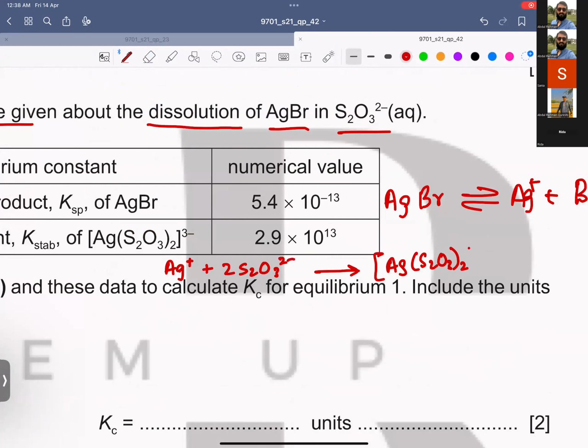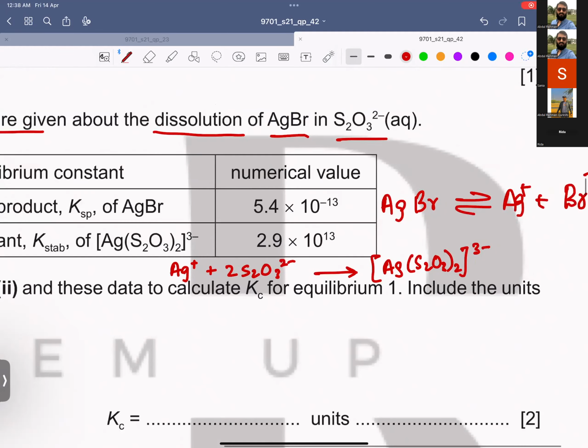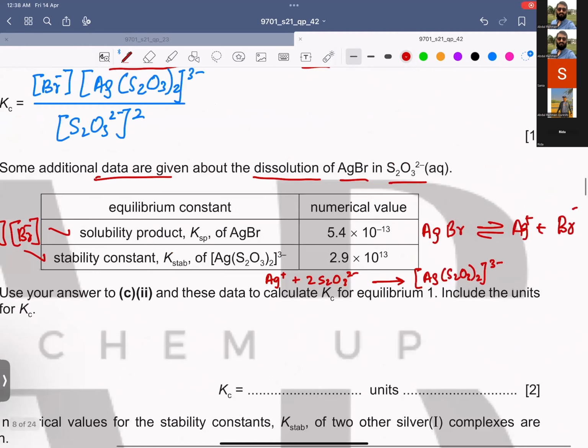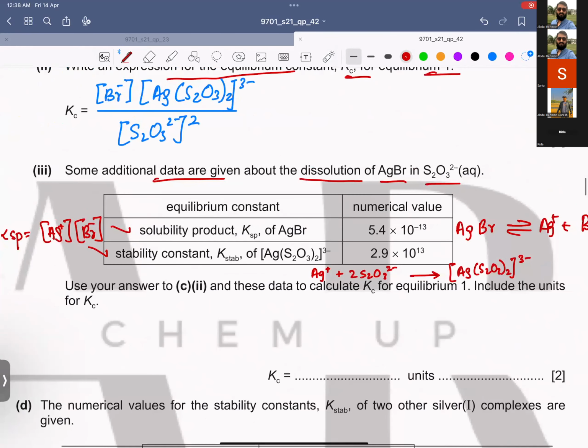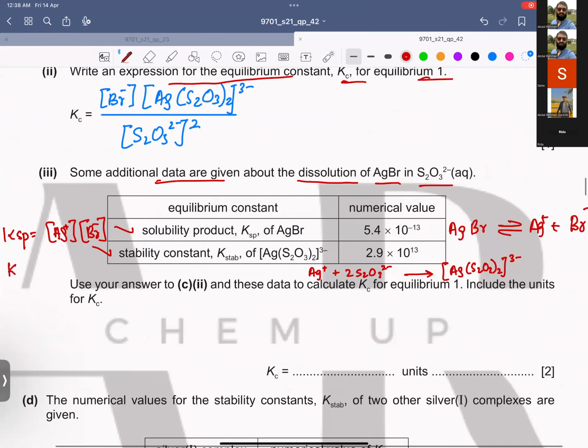Okay, it's 2 negative only, and here we got 3 negative. So the Kstab expression would be the concentration of the complex divided by the concentration of Ag positive ions times the square of the concentration of thiosulfate ions. Is this understandable to everyone?